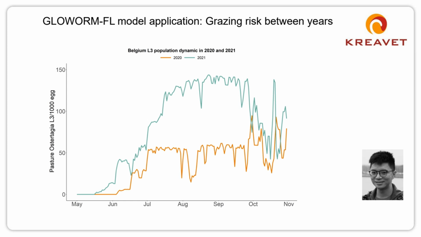Then another example of changing epidemiology is an output from this mathematical model that I was talking about.